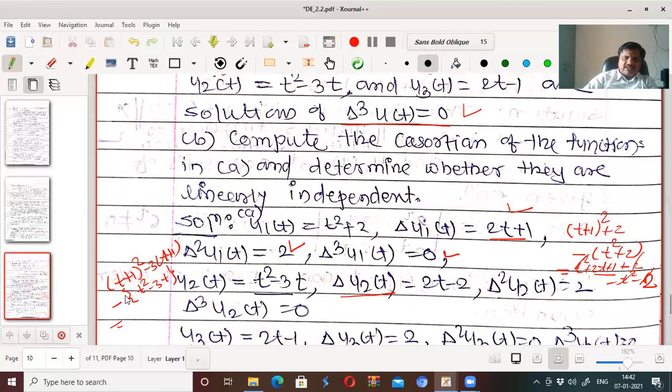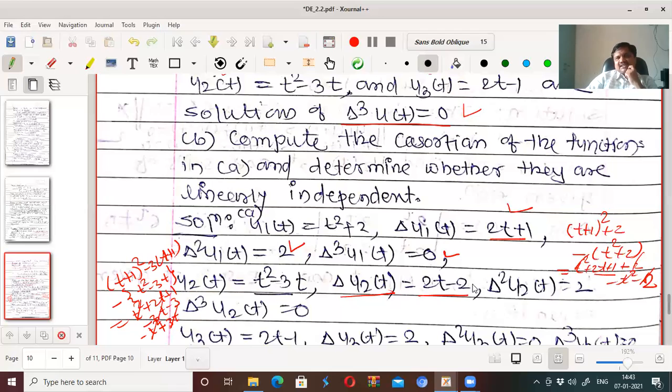Now (t plus 1) whole square means t square plus 2t plus 1, minus 3t minus 3, minus t square plus 3t. Plus 3t minus 3t is 0, and t square minus t square cancel, so 2t plus 1 minus 3, which is 2t minus 2.